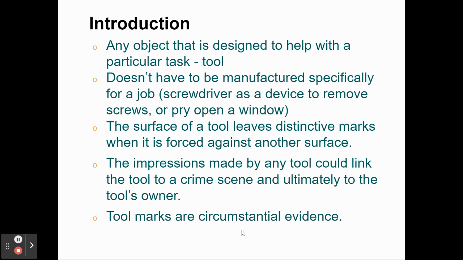So if we find a particular set of tool marks on a windowsill of a house that's been broken into, and we find a tool that has marks that match those impressions perfectly, while we can link that tool to that crime scene, if they were to find my fingerprints on that tool that left those marks, does that mean that I was the one that used that tool to pry open the window? Not necessarily. Not unless somebody saw me do it, right?